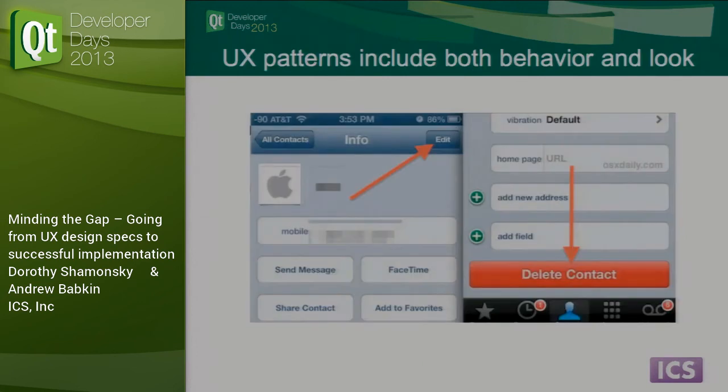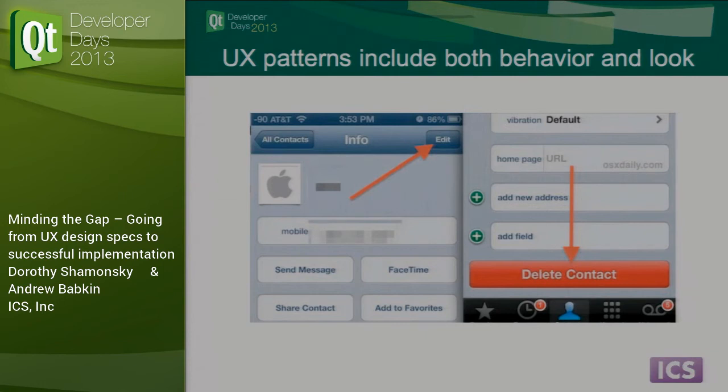So I think of patterns as building blocks to an interface, kind of like Legos. And patterns can also be multi-level. They don't have to just be on one level. So in this case, you recognize an iPhone. There's an edit pattern, where the edit button's usually in the top bar, and inside the edit pattern is a delete pattern.